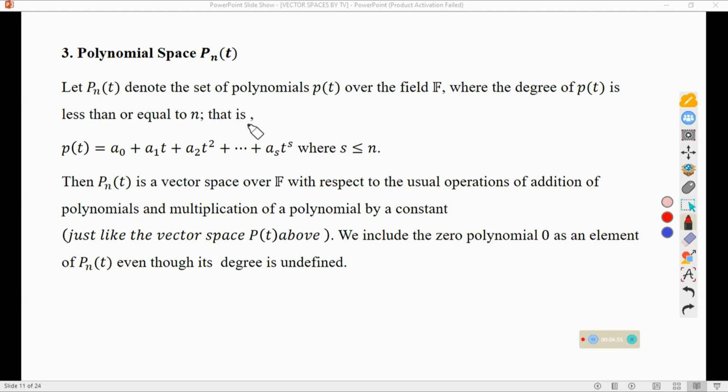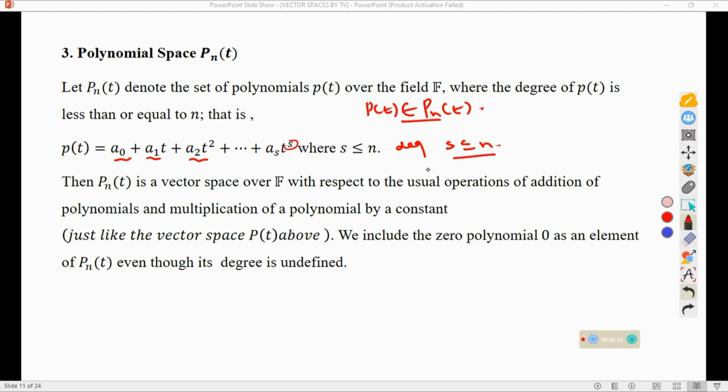We are simply saying that if you consider p of t, a polynomial picked from this given space Pn of t, then it is of the form a0 plus a1 t plus a2 t squared up to as t to the power s. But here we are talking about the power s, or this last value here. This value should be less than or equal to n, meaning the degree. We are talking about the degree s being less than or equal to n.